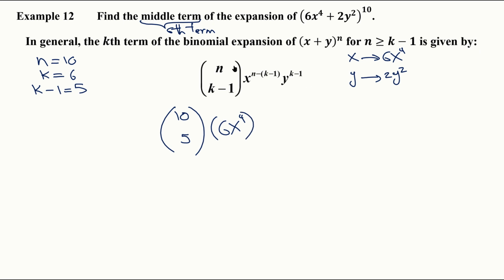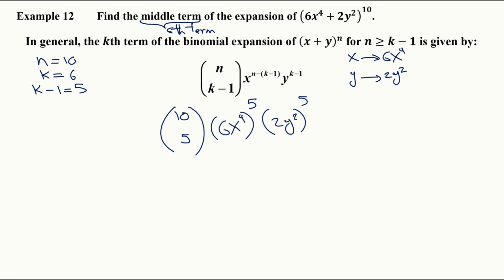The exponent on that is going to be 10 minus k minus 1, which is 10 minus 5, so 5. And instead of y, we're going to use 2y squared, and the exponent on that is just k minus 1, which is 5.